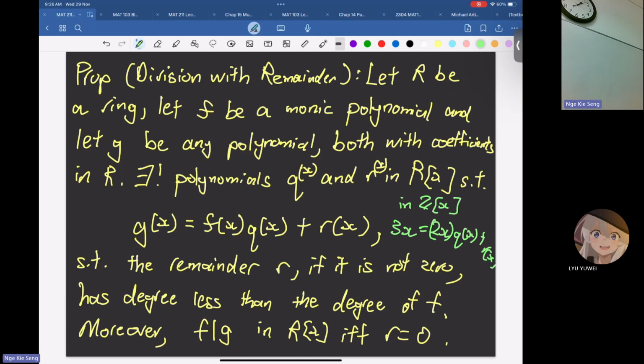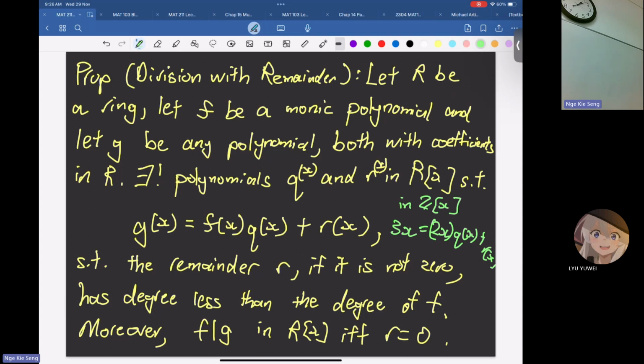What should I put here? When is this equation true? 3x equals 2x times what? 3 over 2. But 3 over 2 doesn't live in Z. So this is a drawback of a ring, and that's why we start with monic.